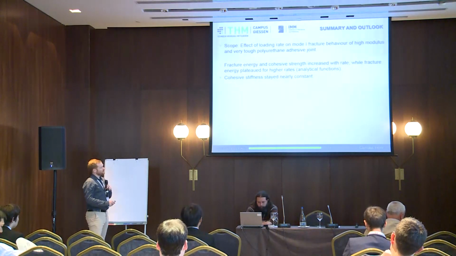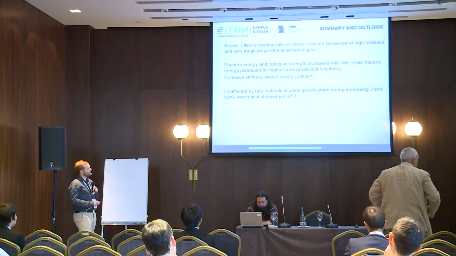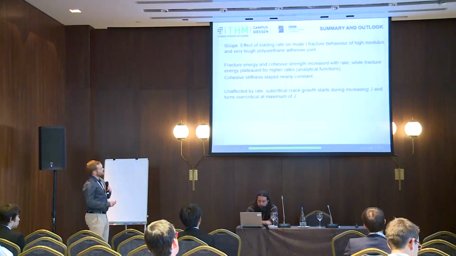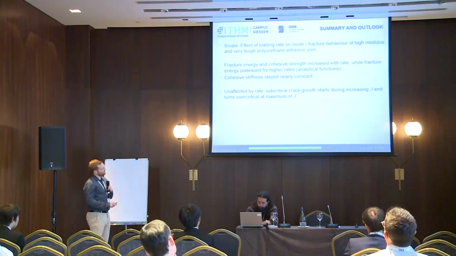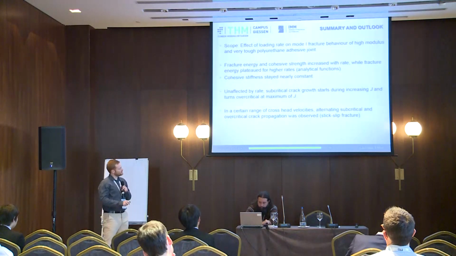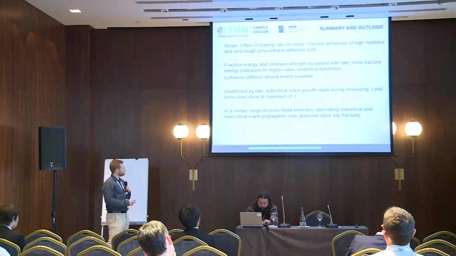And the stiffness stayed nearly constant, or was assumed to be constant. We changed the controlling of the testing machine, looking at the fracture behavior, and we've seen it unaffected by rate in every case. We had subcritical crack growth before reaching maximum J, and this turns over to overcritical in a certain range of these velocities. We had this stick-slip fracture, these alternating effects.